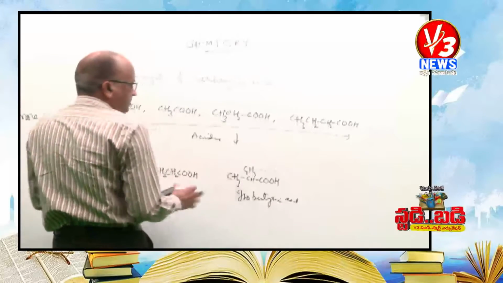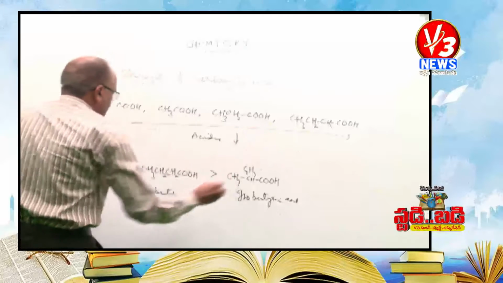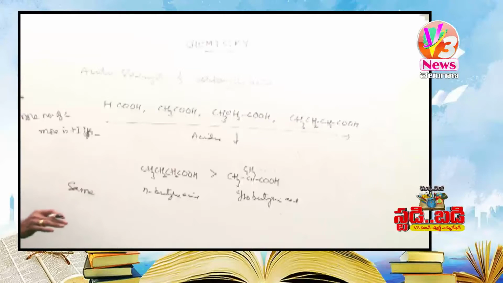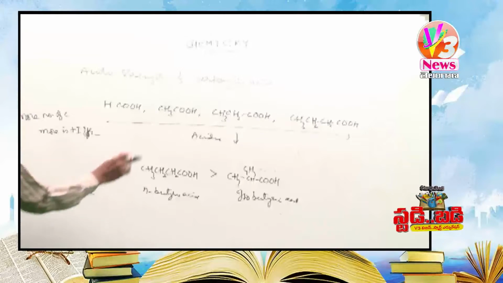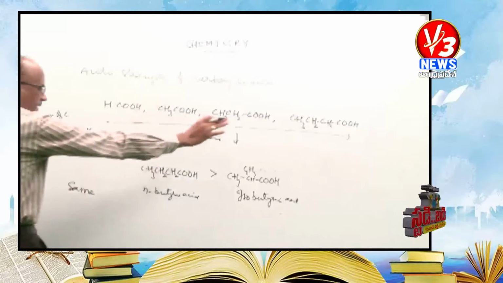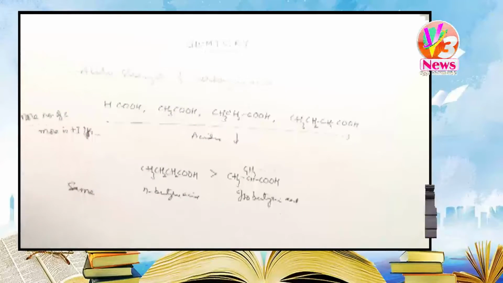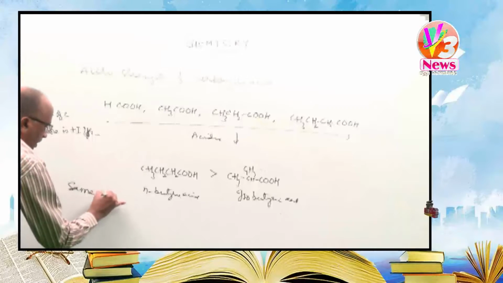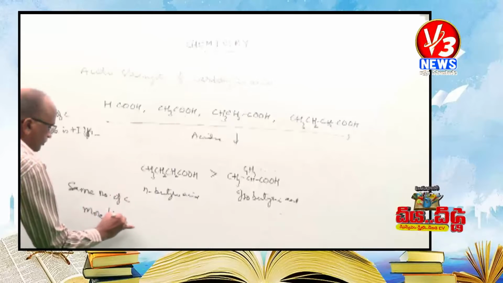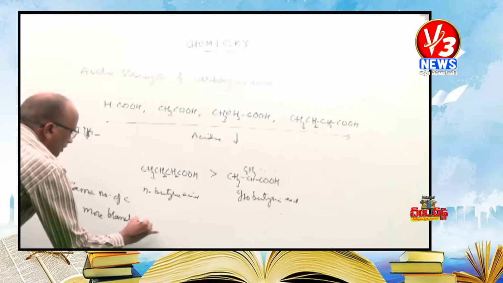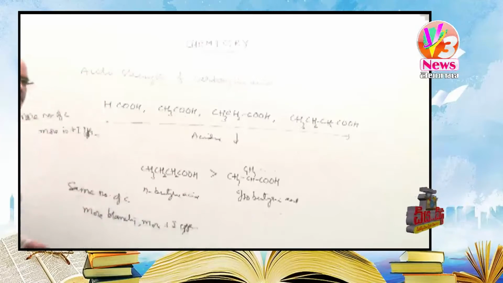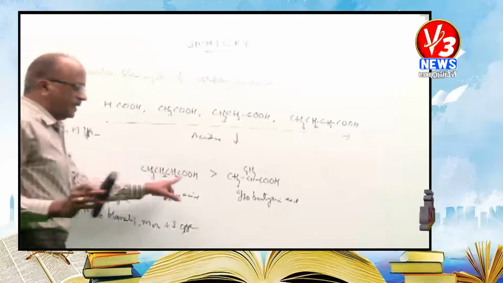Plus I effect increases means acidic strength decreases. So when there are the same number of carbon atoms in alkyl groups, the one with a straight chain has less plus I effect than the one with a branch. Same number of carbons, more branching, more plus I effect. This is an important comparison.